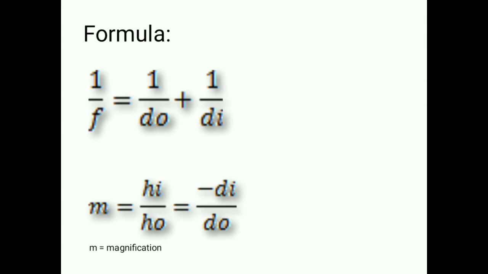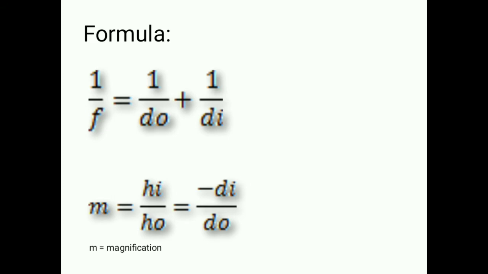Now for the formula, we're always using the thin lens equation, where 1 over f, or the focal length, is equal to 1 over the distance of the object, DO, plus 1 over the distance of the image, DI. For the magnification, we're going to use the height of the image over the height of the object.